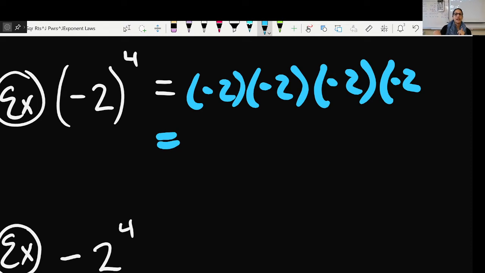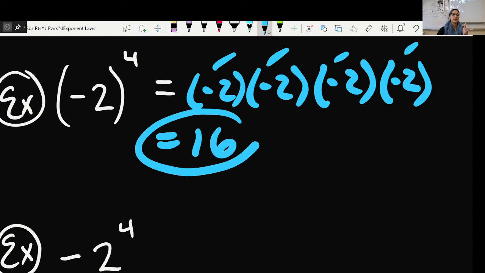So what do we end up getting for our answer? What is negative 2 times negative 2? Positive 4. Positive, so that's that one and that one. What's positive 4 times negative 2? Positive 4 times negative 2 would be negative 8 times negative 2. We end up with a positive 16 for our answer.